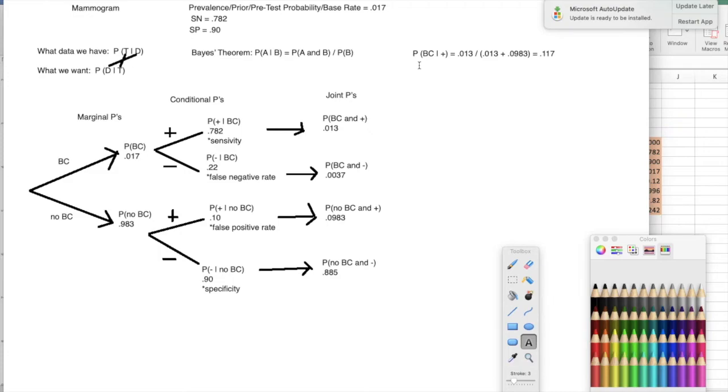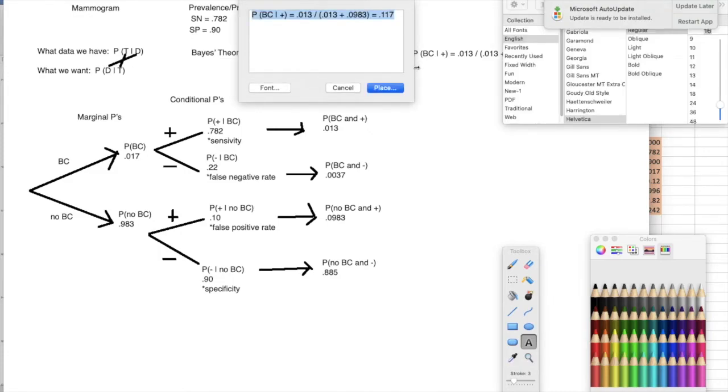Now, what if we want to know the negative predictive value, the probability of no breast cancer given a negative test? Well, using Bayes' theorem, that would equal the joint probability of no breast cancer and a negative test. So that would be this branch here, which we calculated to be 0.885, divided by the probability of negative conditions.